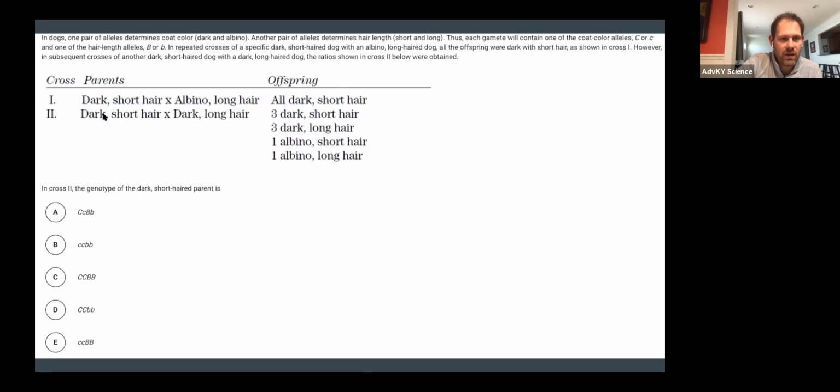So what does this genotype right here have to be to get this ratio? All right, I'm going to show you 2 ways to do it, but I want you to give me a guess first.